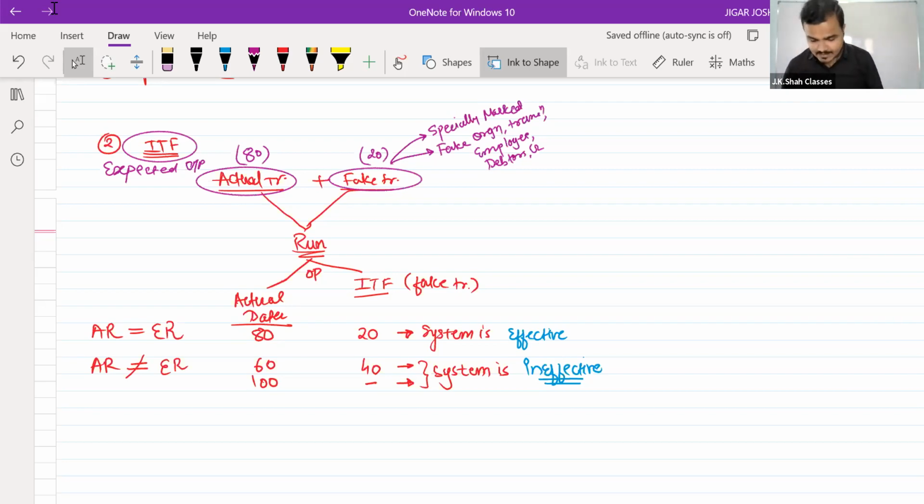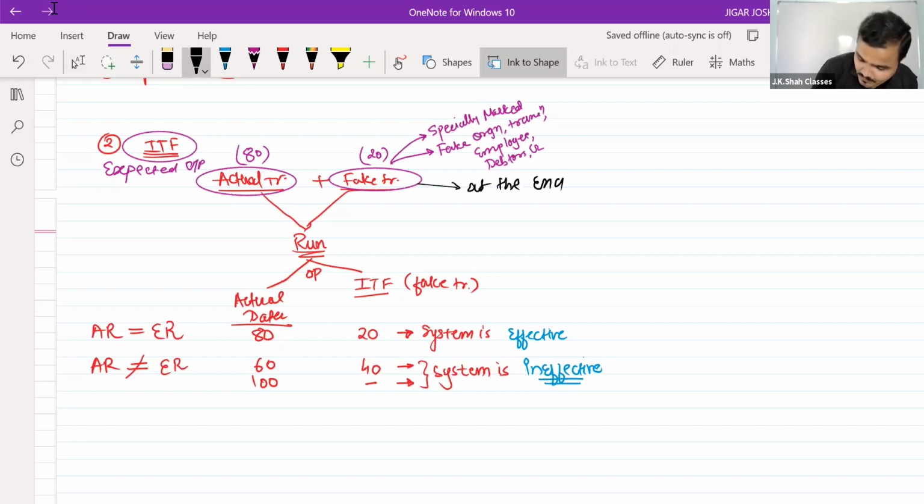Understood? Yes, sir. One more thing that we should not miss over here is that at the end, the auditor must remove the effect of ITF transactions.